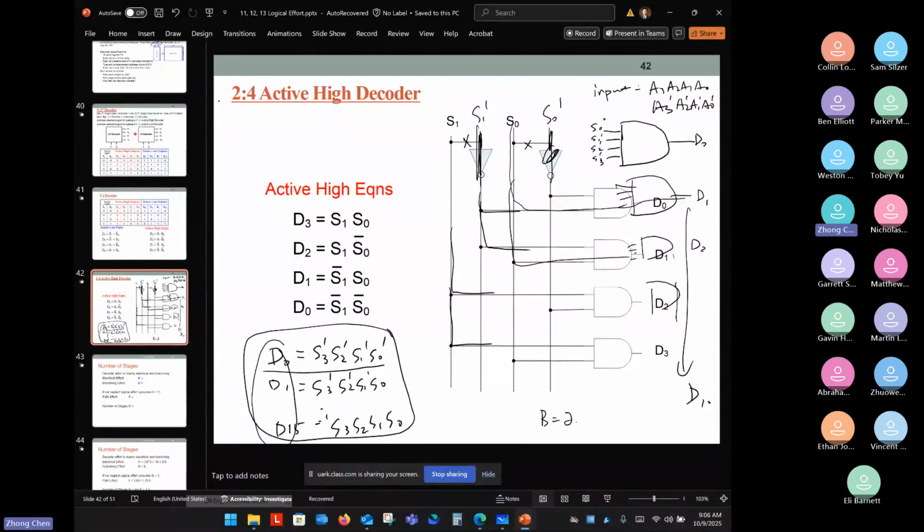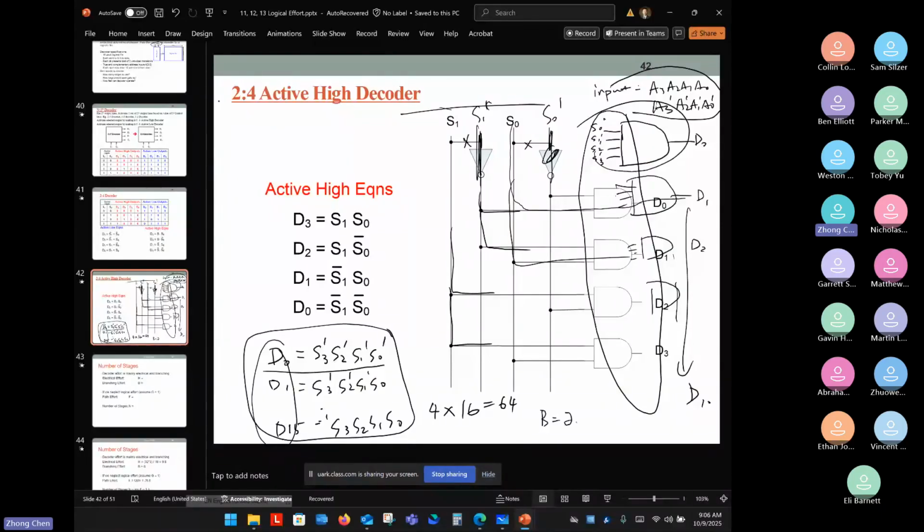So in order to calculate the branching effort, you need to know how many inputs there are at the beginning, and how many inputs are used by these 16 AND gates. For example, here are four inputs, times a total of 16 of them, so you have a total of 64 inputs in front of these AND gates.